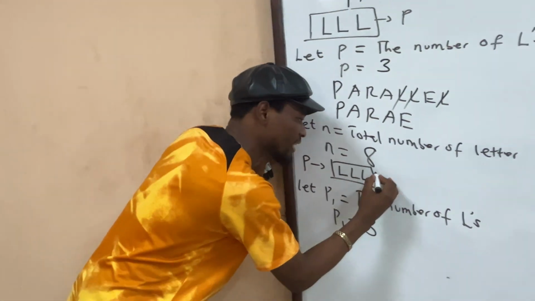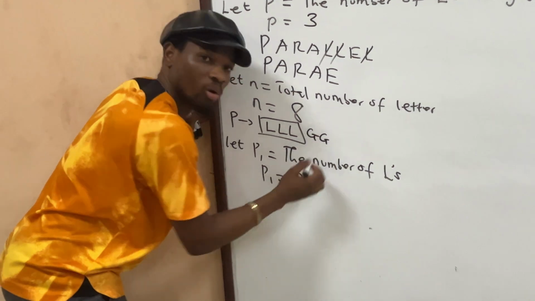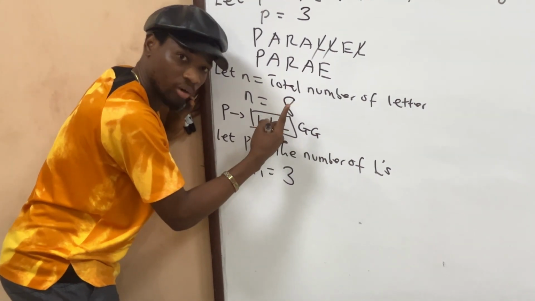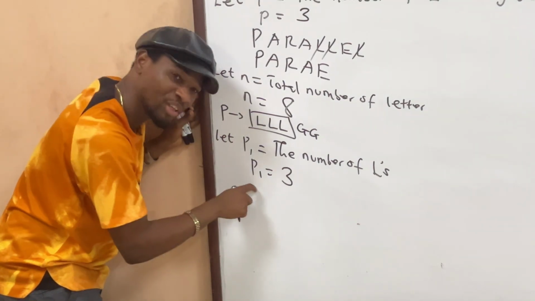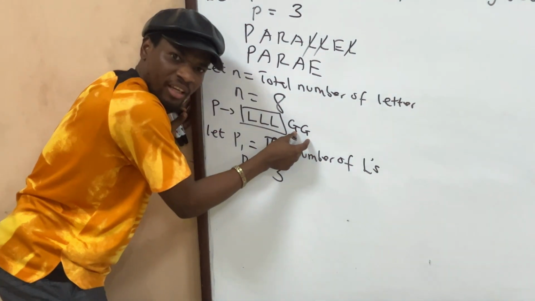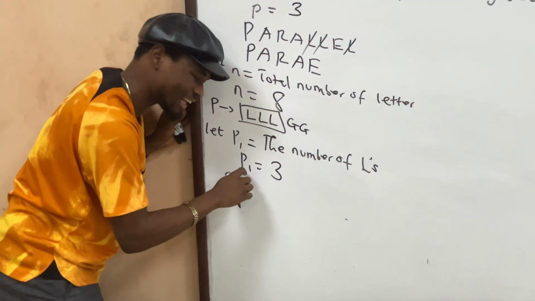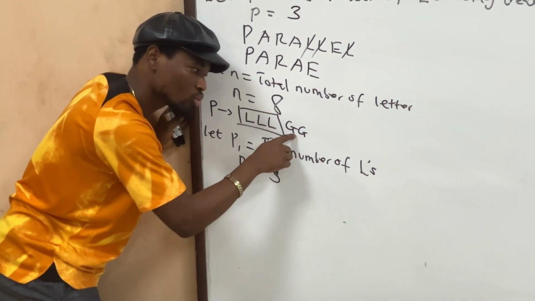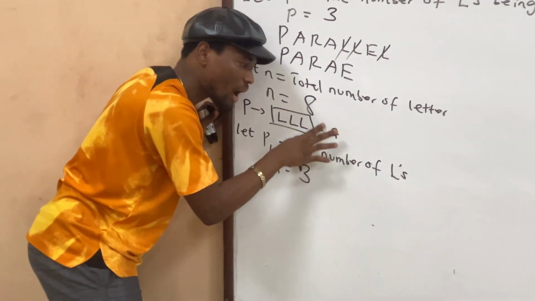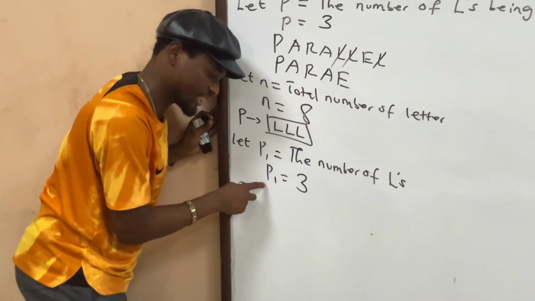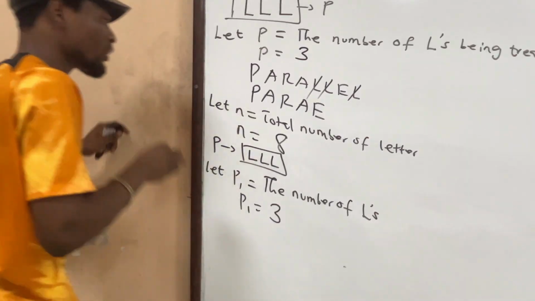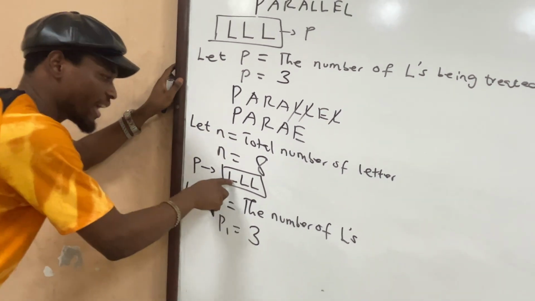But viewers, if you have, let's say, J over here and G over here appearing more than once, we say let P2 represent the other letter. Let P2 be equal to 2 J's, as simple as that. But here, we don't have J over here. Since P1 is representing all the L's, I think we are done with that. Then we are done with the L's.